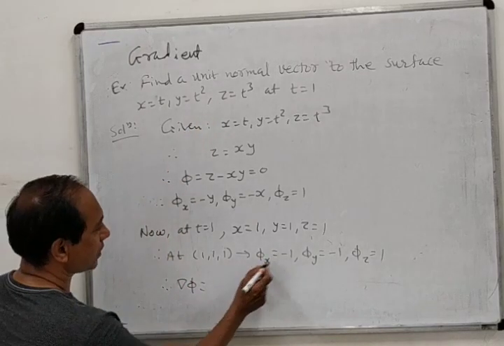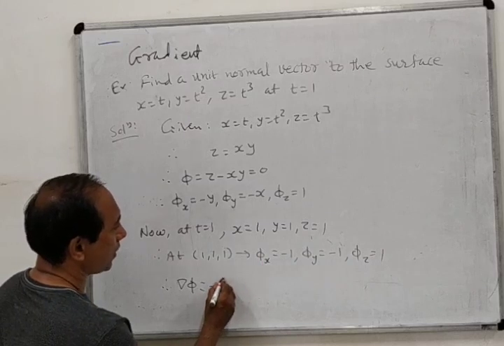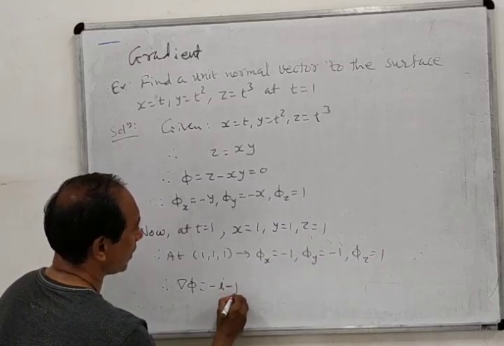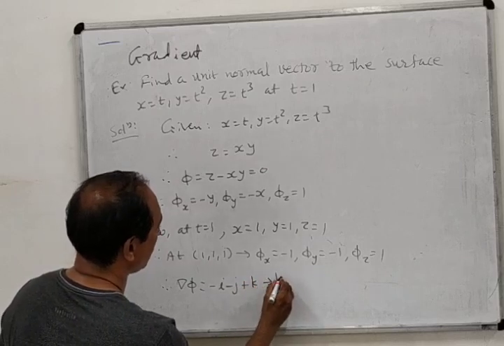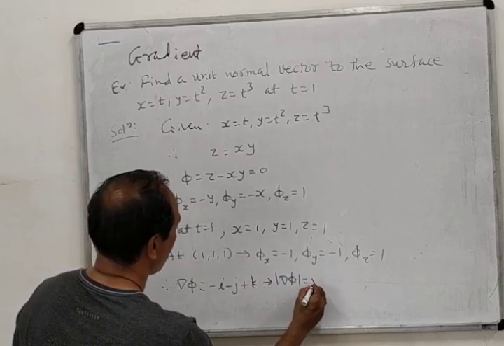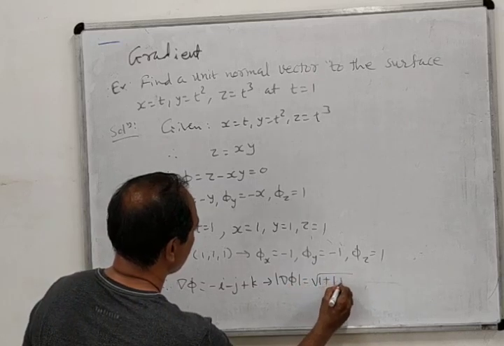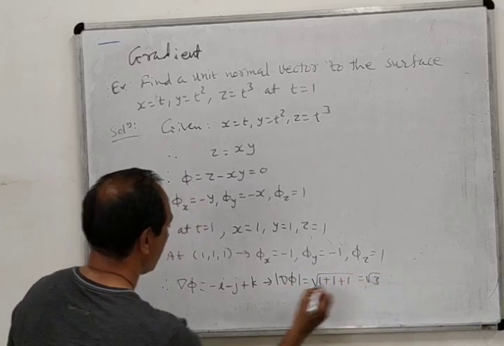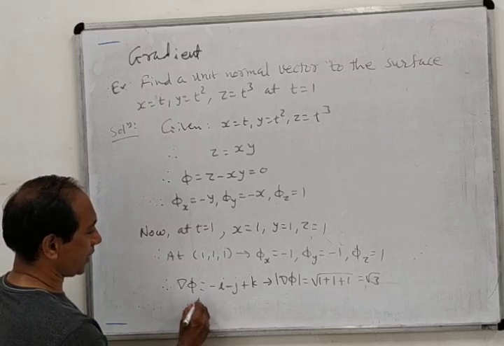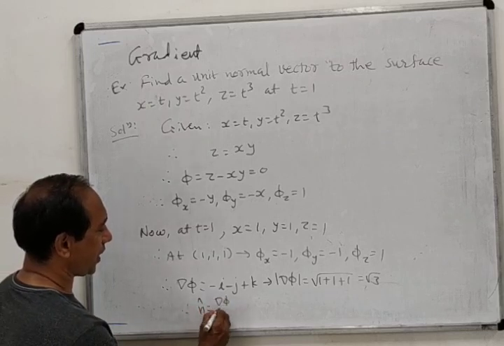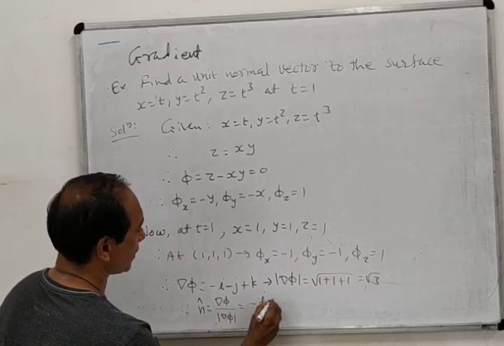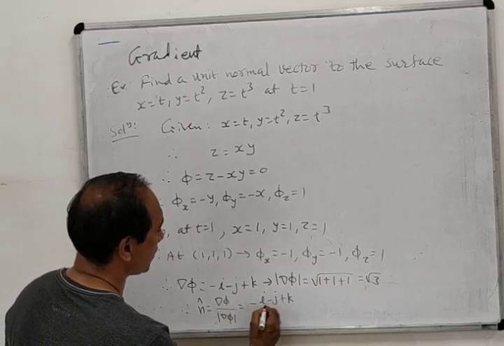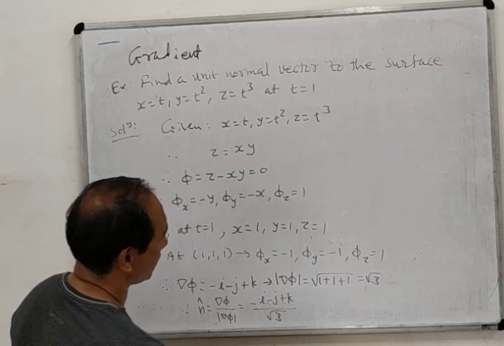So gradient phi is minus 1 into i, minus 1 into j, plus 1 into k. Its magnitude is the square root of 1 plus 1 plus 1, so it is square root of 3. Therefore the unit normal vector n cap is grad phi divided by modulus grad phi, which is minus i minus j plus k divided by square root of 3. This is the final answer.